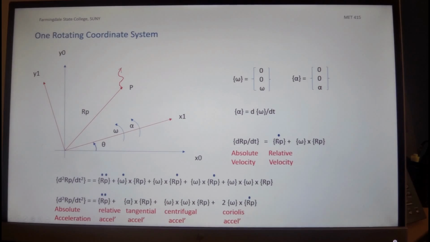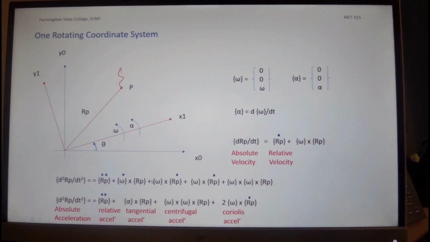So the first derivative will be rp double dot, and then we're doing it in a relative coordinate system, and then we'll have omega dot cross rp, which we see over here, then plus omega cross rp dot, and this is the third term, and then we have to hit these two with another omega cross this expression, so we'll have omega cross rp dot here, and then we'll have omega cross omega cross rp.